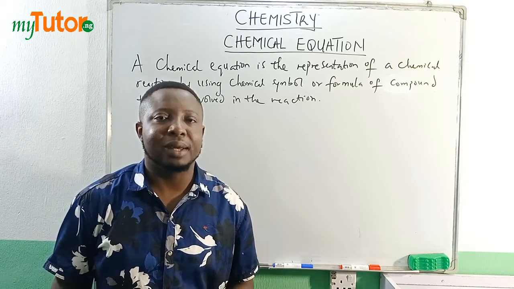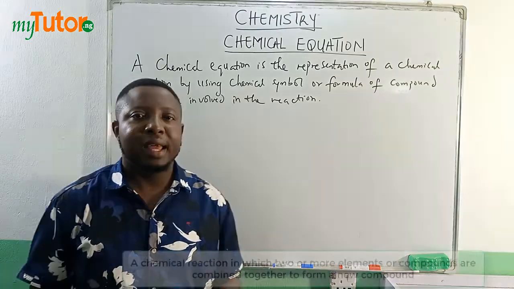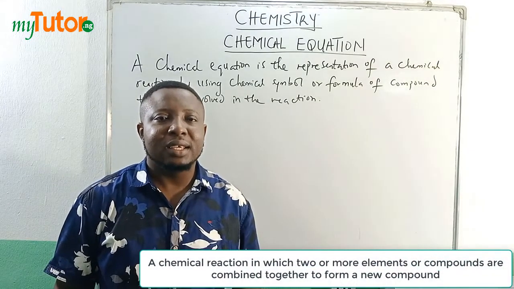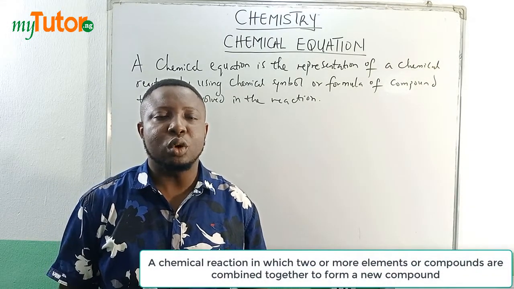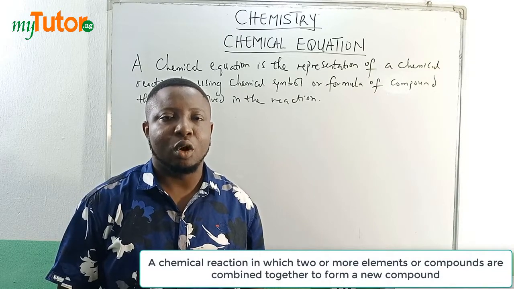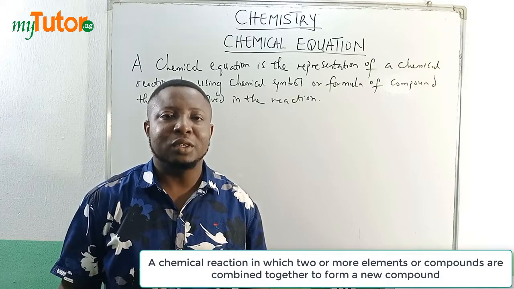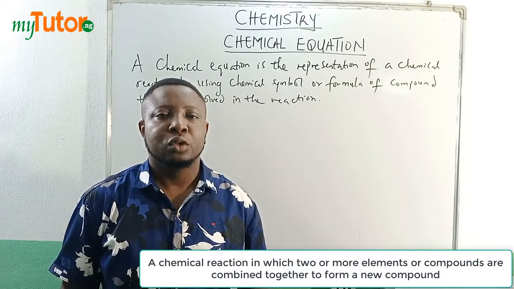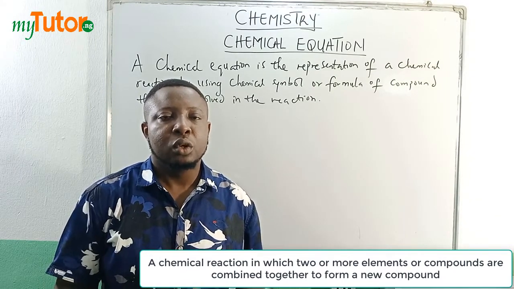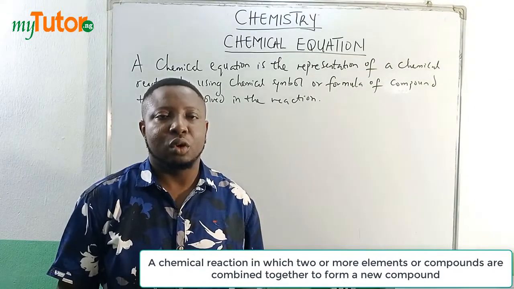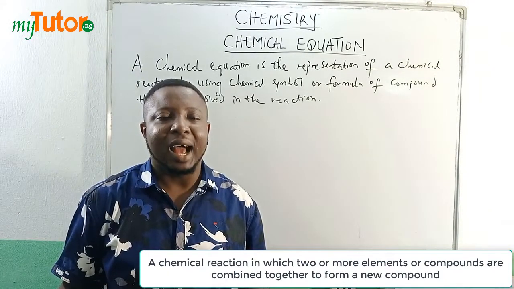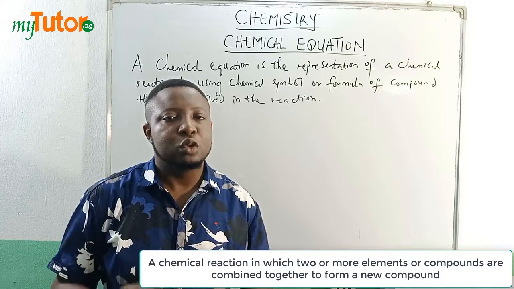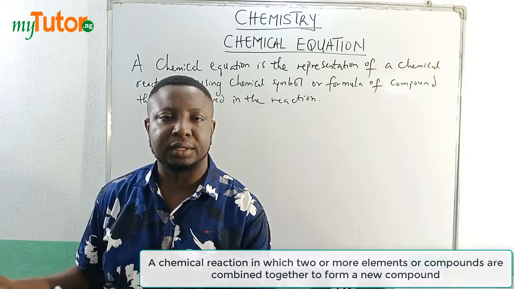So what is a chemical reaction? A chemical reaction is a reaction in which two or more elements or compounds are combined together to form a new compound. So in a chemical reaction, two or more elements or substances are combined together to form a new set of substances.